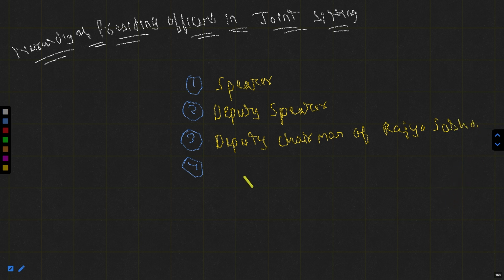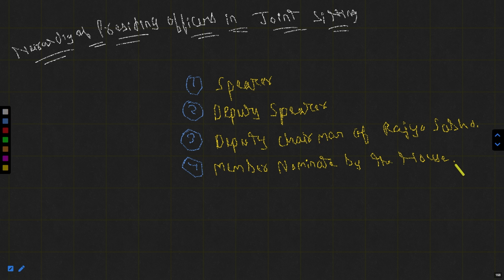And if the deputy chairman of Rajya Sabha is also absent, then a member nominated by the House. Okay, this will be the hierarchy.